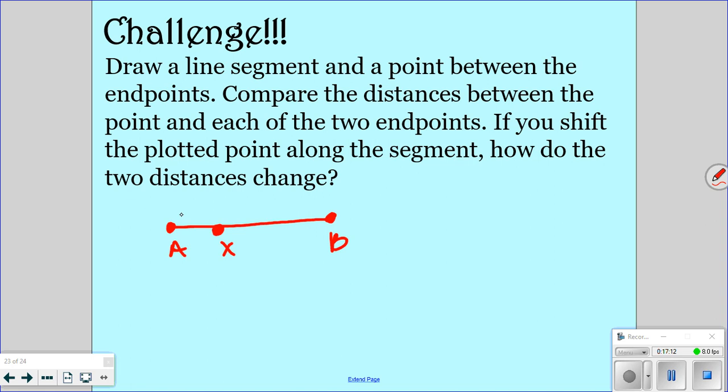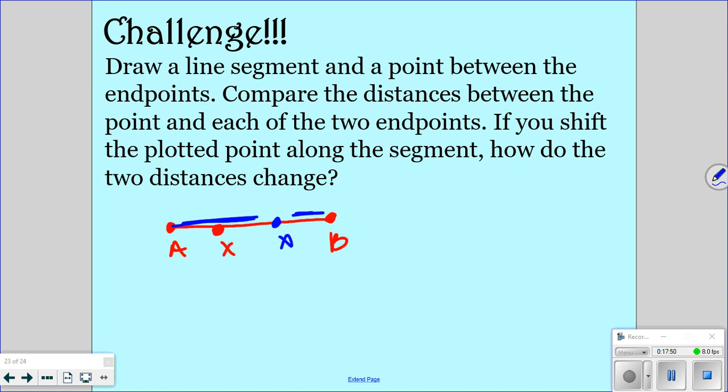Compare the distances between the point and each of the two endpoints. So this one is much smaller than the distance over here. And if we shift the plotted point along the segment, how do the two distances change? Well, if I move point X over to here, now this segment is longer than this one. So as the point is moved closer to one endpoint, the distance between that endpoint and the point is going to decrease, and the distance between the point and the other endpoint is going to increase.